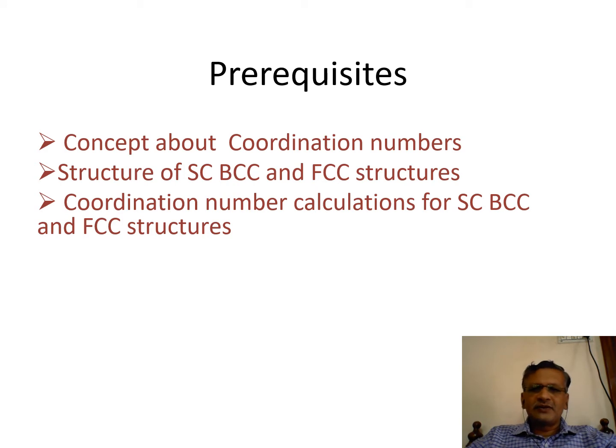Prerequisites for today's discussion are concepts about the coordination numbers in chemistry, structural analysis for SC, BCC and FCC structures, that is the previous lattices, and mathematical calculations of coordination numbers for SC, BCC and FCC structures.